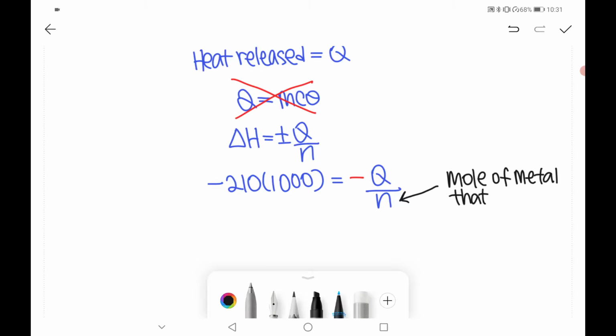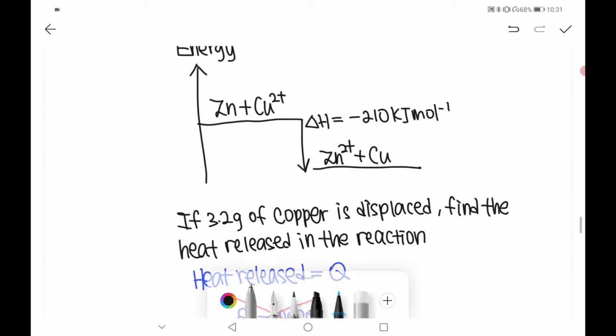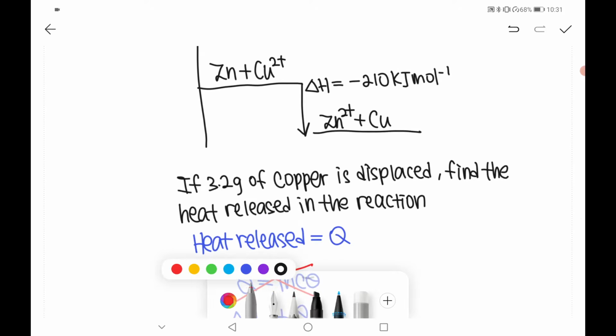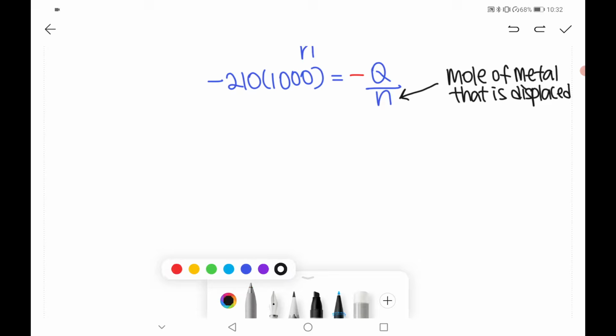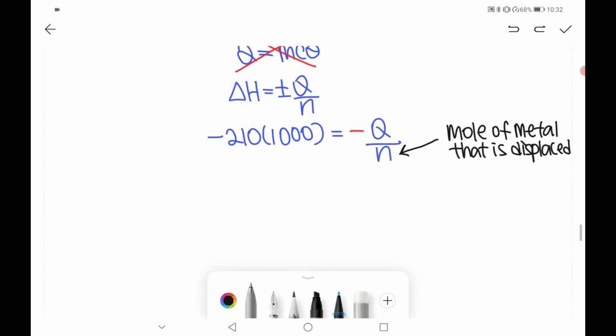We want to find the mole of the metal that we kick out. Do we know what metal we kick out? Yes, because the question tells us 3.2 grams of copper is displaced. So the copper is kicked out, and we are given 3.2 grams of copper.